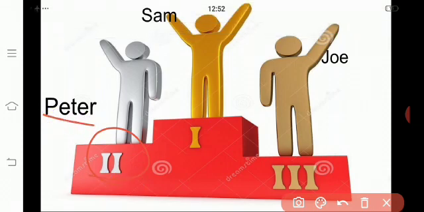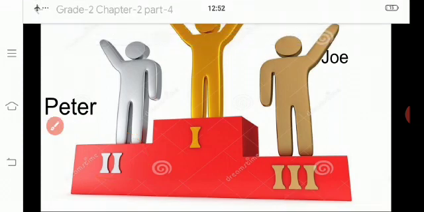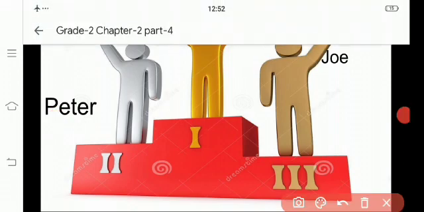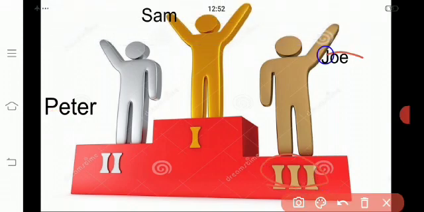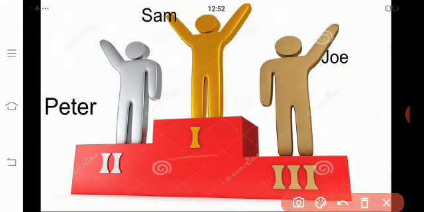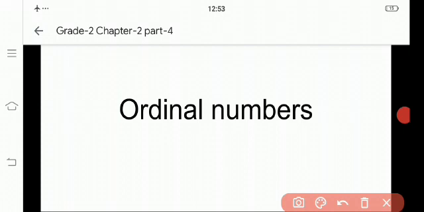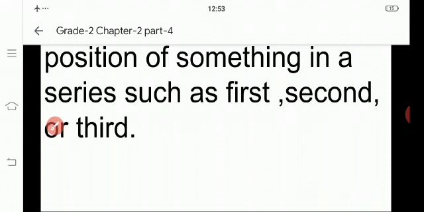Yes, here Peter gets second position. Okay children. Who gets third position here? Yes, Joe gets third position. So, in number, first, second, third. That tells the position of something or somebody is called ordinals. Yes, children, today we are going to discuss about ordinal numbers. Are you ready, children? Okay, shall we move on the next one?